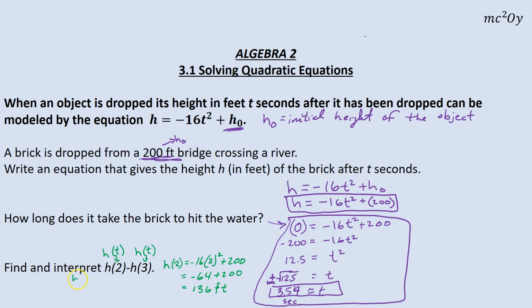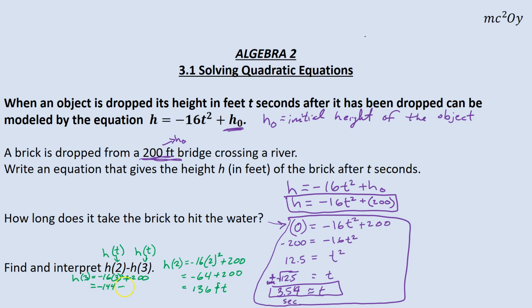Okay, and then when we find h of 3, that's going to be negative 16 times 3 squared plus 200. So negative 16 times 9. Well, negative 16 times 10 is negative 160. So if we take off a 16 there, we get negative 144, excuse me.